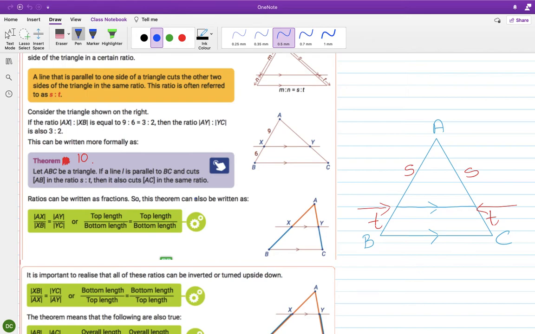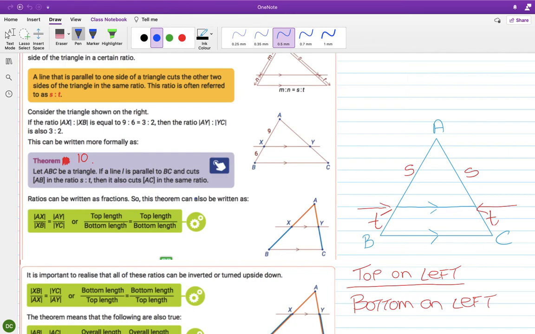So from there, essentially, whatever the top bit is, right? Top on left divided by bottom on left.